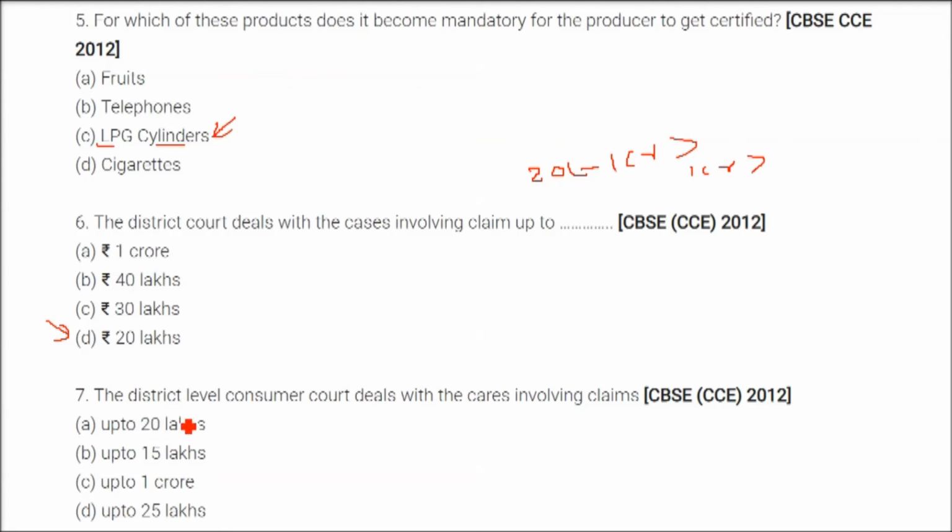The next question is like this only. The district level consumer court deals with cases involving claims up to 20 lakhs.